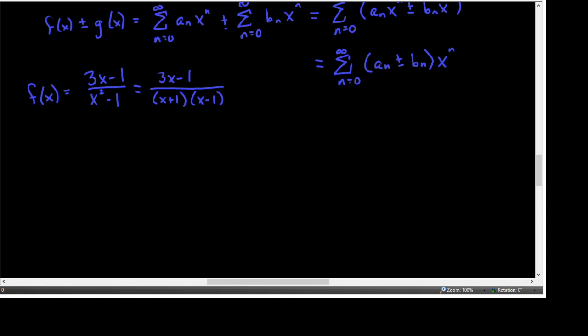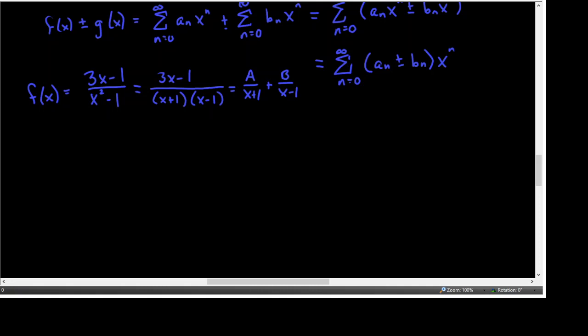Do you know what I'm talking about? Well, this can be rewritten using partial fractions, where there's going to be some number a over one of my factors, x plus 1, plus b, an unknown constant, over my other factor. So yes, you still need to remember how to do partial fractions.